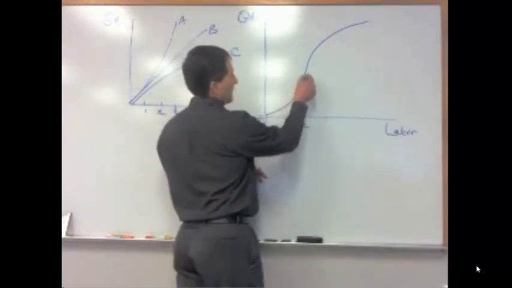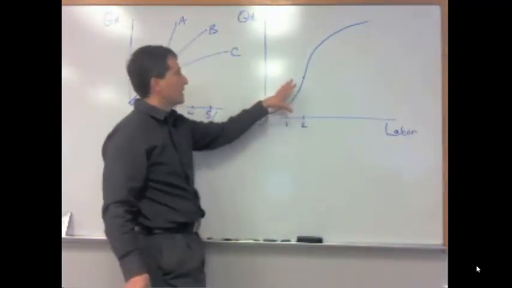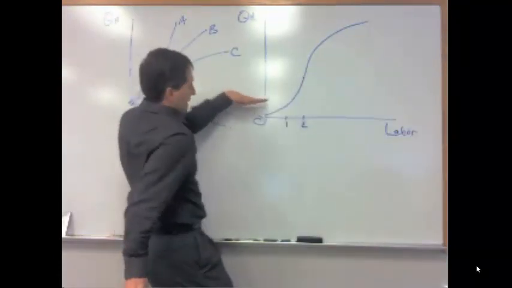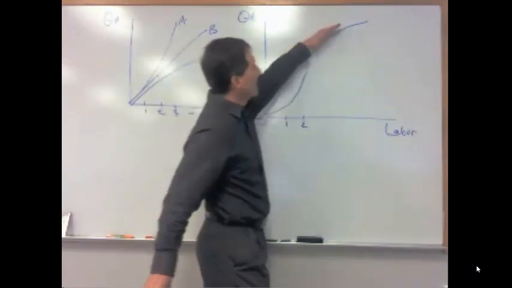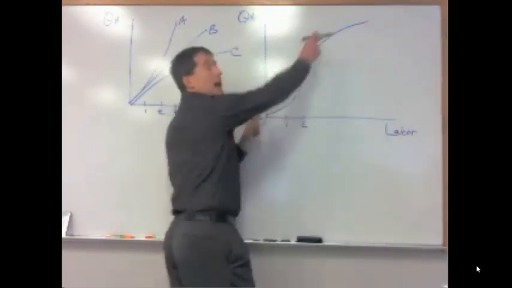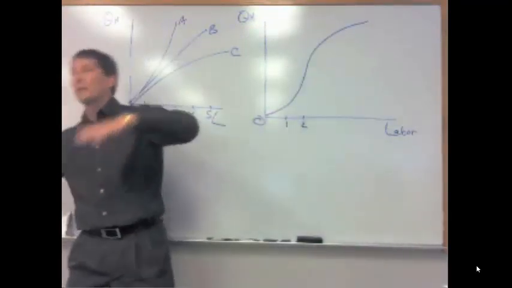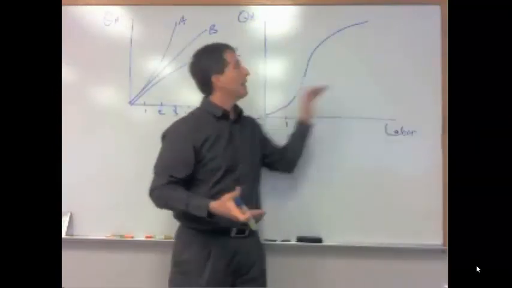So there's some point along here that's what in math class we call an inflection point. It's increasing at an increasing rate, and then all of a sudden it turns into increasing at a decreasing rate. It's increasing the whole time, which makes sense. More people, more hamburgers. We don't get to the point where hamburger production falls off.